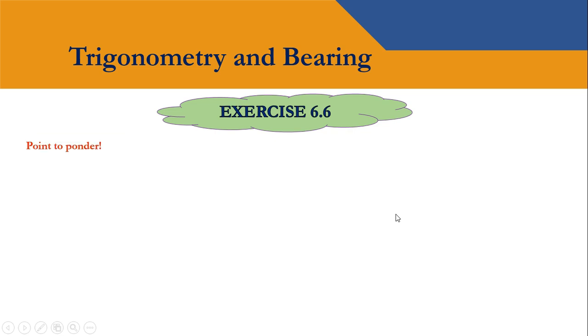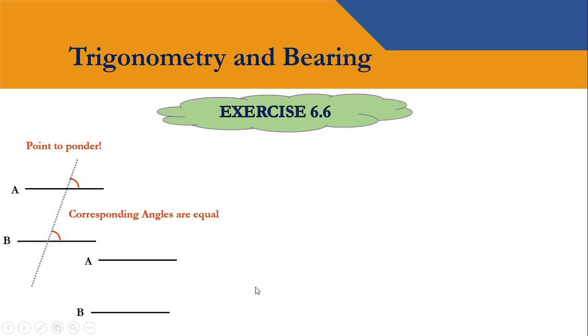So here is a point to ponder. What is this? It is two parallel lines. If a straight line cuts those parallel lines, then the angles formed here and here are called corresponding angles, and these angles are equal. Similarly, there are again two parallel lines and a straight line cutting these two lines.